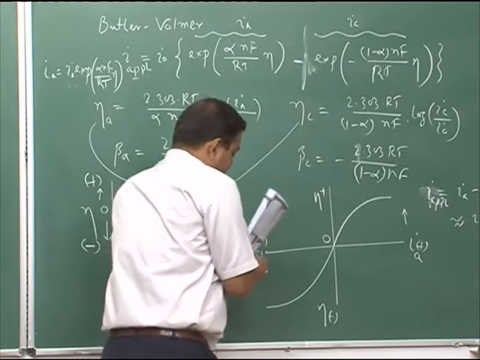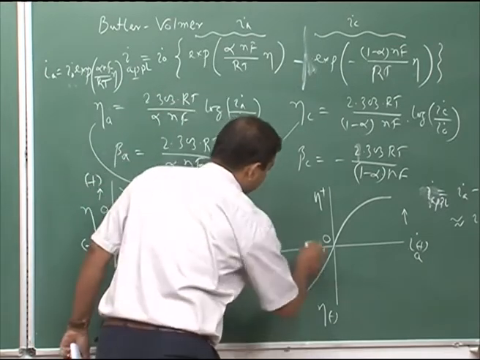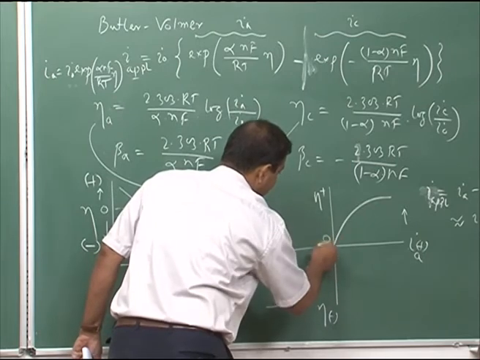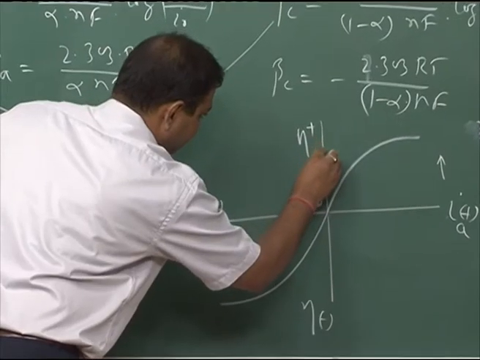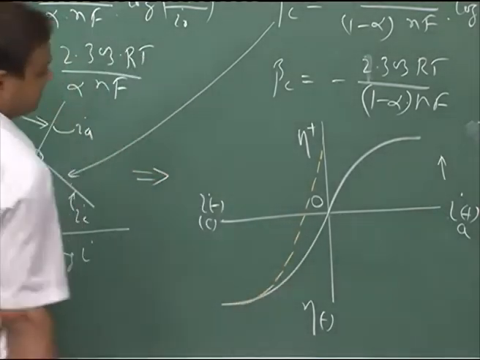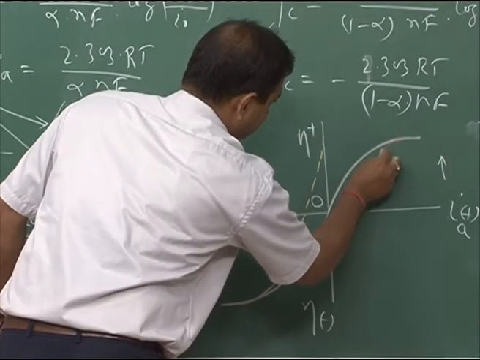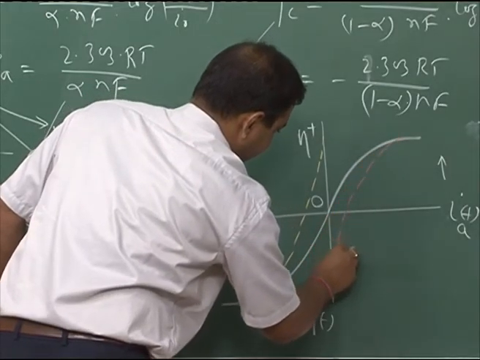In that case, the plot for I c would be like this. It will finally match with this, and the same thing for I a, the plot would be like this.